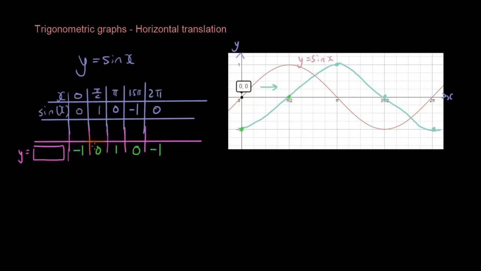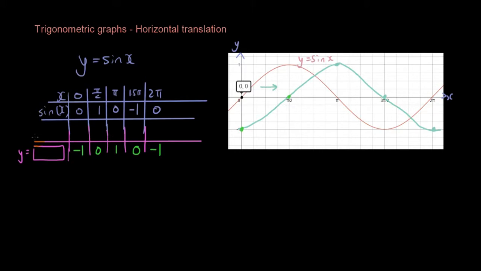In order to get this number here, what we do is we take away pi over 2 from our original x value. I'll just show you by doing it.